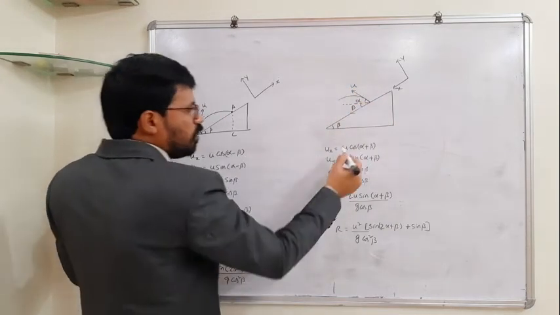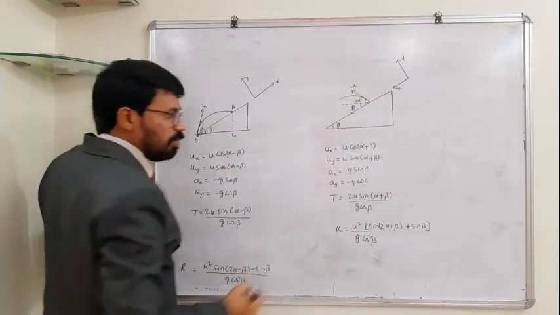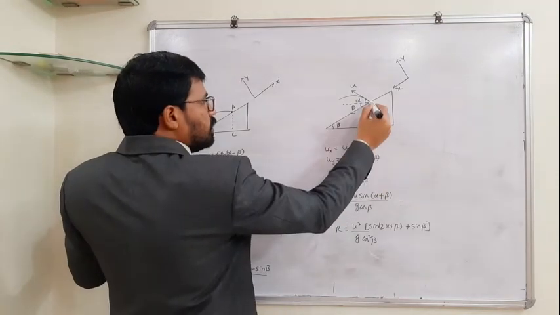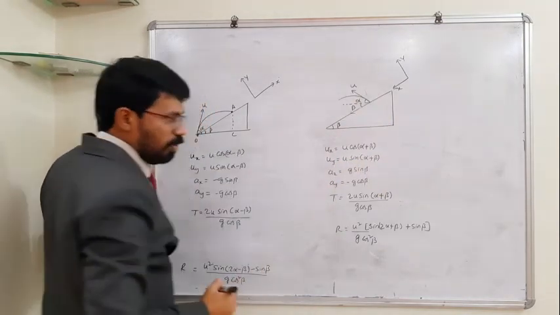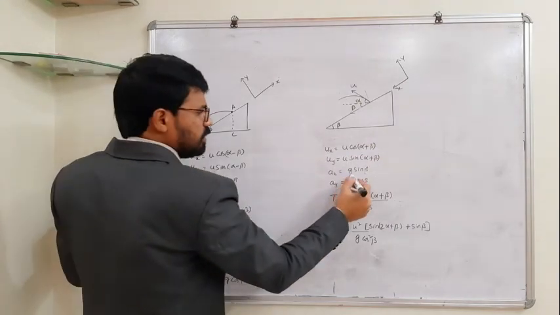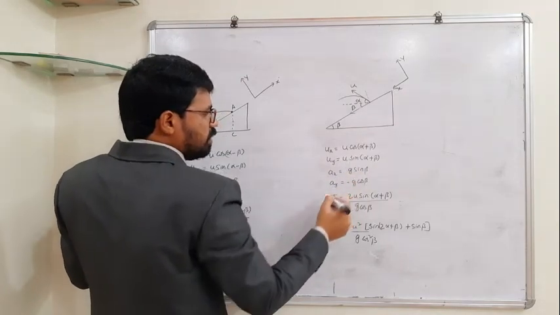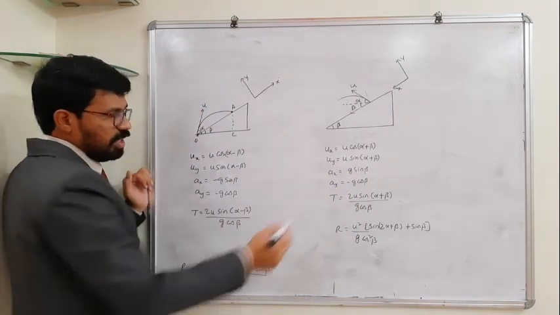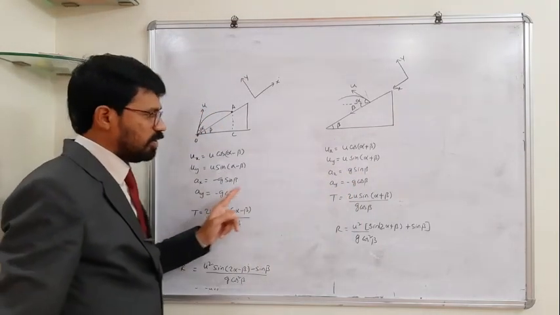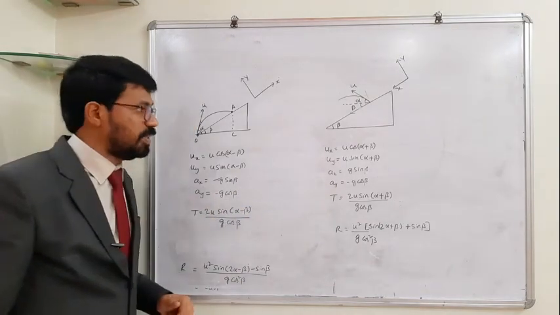So u cos alpha plus beta is the x component. The y component is along this direction; it will be u sin alpha plus beta. And ax is g sin beta along the positive direction. Ay is the same in both the cases, minus g cos beta, here also minus g cos beta.